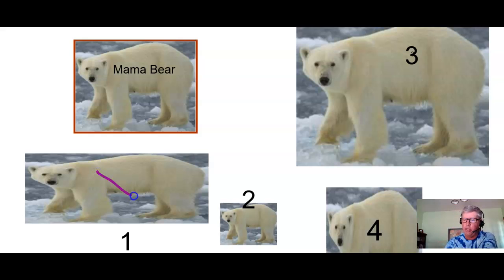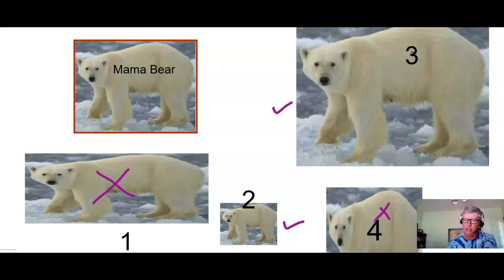This one doesn't work too well; it's stretched out in one dimension. This one is stretched vertically. Three seems to have gotten wider and taller, and certainly two looks pretty good. If you were leaning towards two and three, you were definitely in the running for understanding intuitively what similarity is.